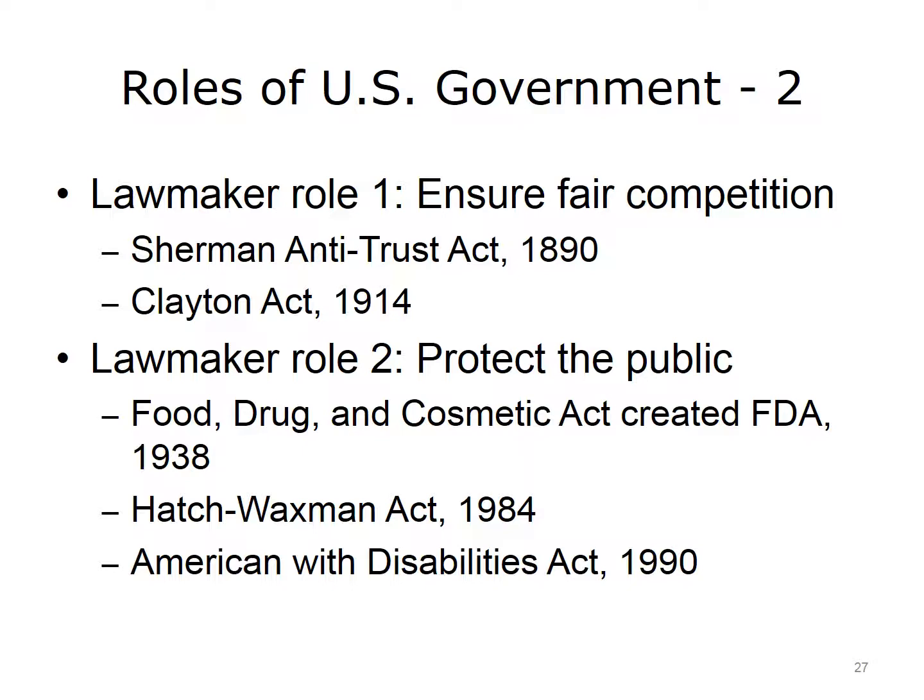In 1984, Congress passed the Hatch-Waxman Act, the full name of which is the Drug Price Competition and Patent Term Restoration Act. This law gives drug and device companies an incentive to develop new products by allowing them extra-long patent periods to compensate them for the time they have to spend testing new products.